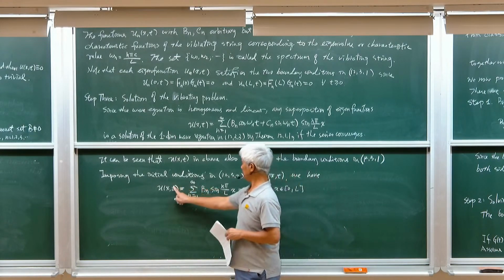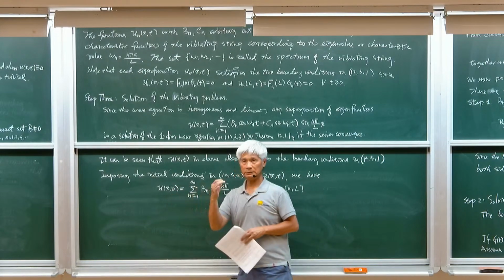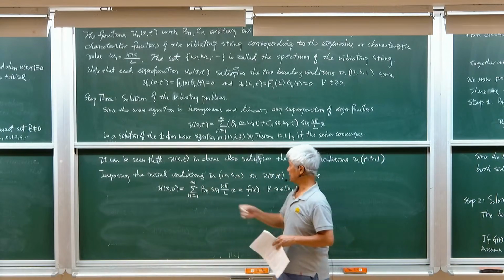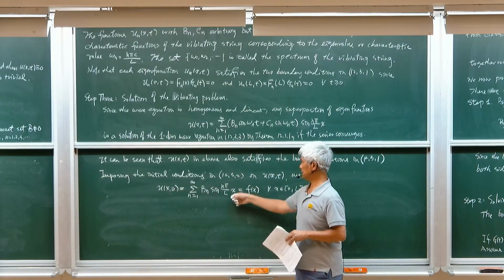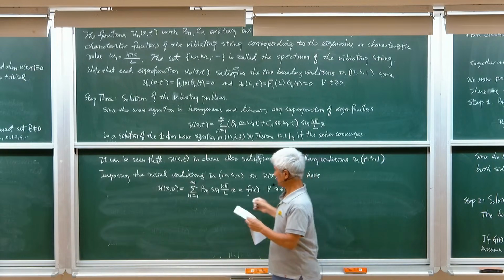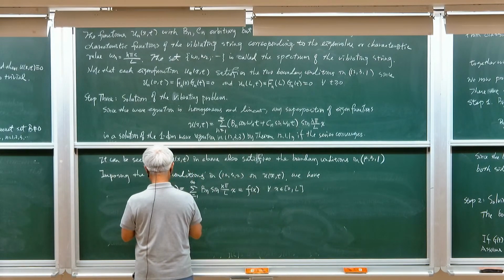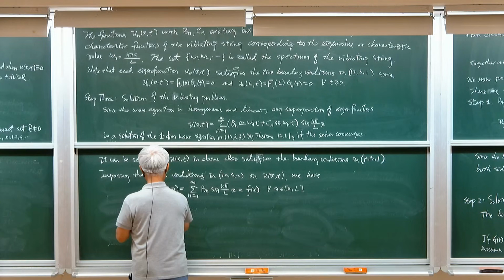So this is the initial deflection, and the initial deflection is equal to f(x). And also the initial velocity, u sub t of (x,0).